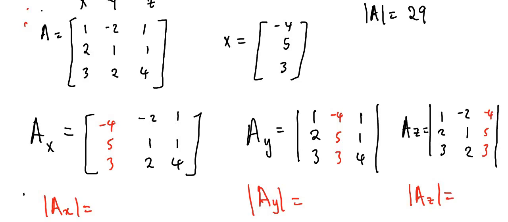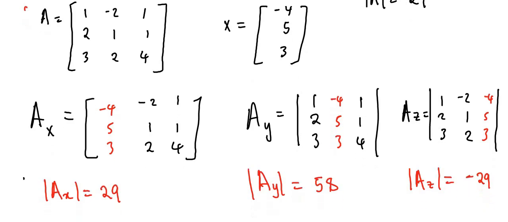So when you solve for the determinant of this 3 by 3 matrix, you can confirm that the answer you're going to be getting is 29. And when you solve for AY, you check that the determinant will be 58. Then for AZ, the answer will be negative 29. The same procedure that we're doing to get the determinant of A is what you use for AX, AY, and AZ.